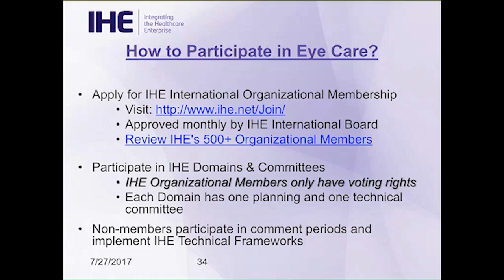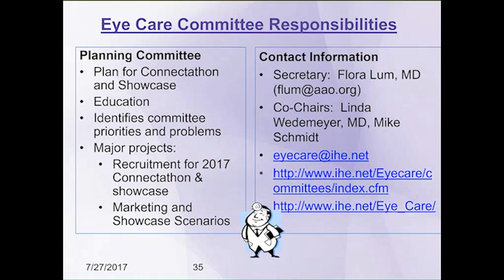The domains are made up of a planning and a technical committee. The planning committee, as you can read, is more the one that is trying to evaluate the strategy, what should be done next. There is some contact information on the right side.